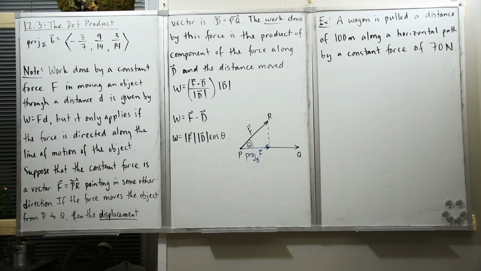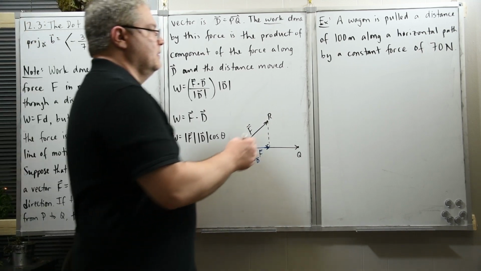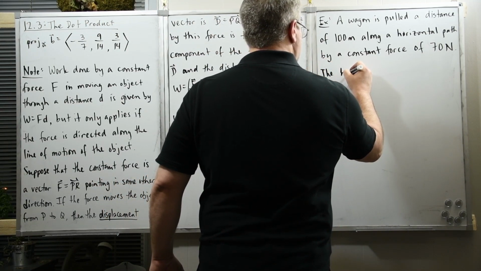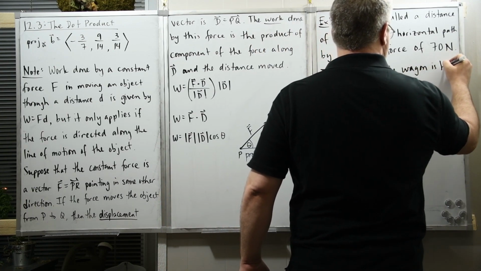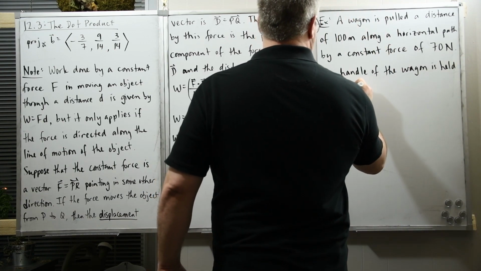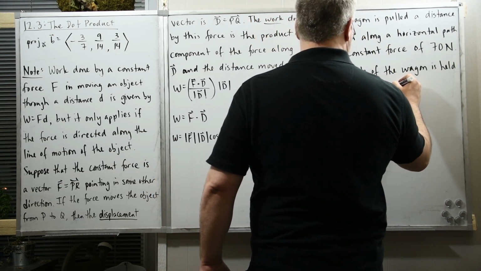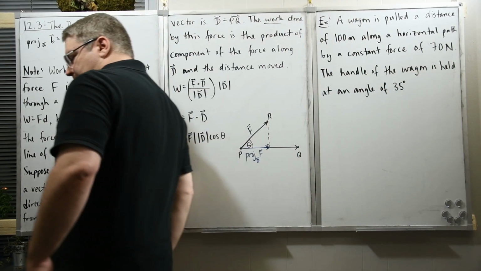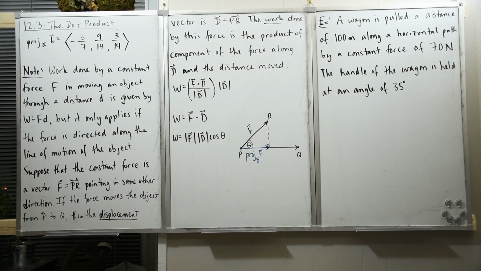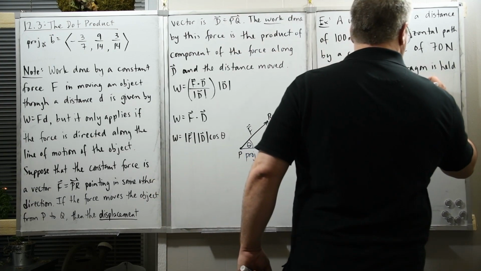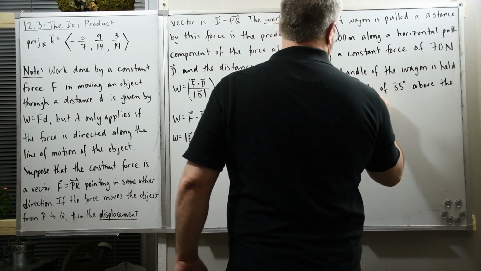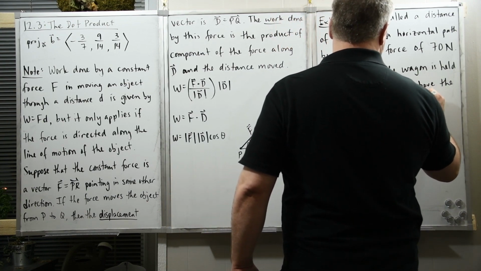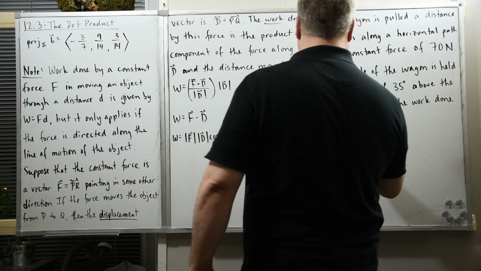Now the handle of the wagon is held at an angle of 35 degrees above the horizontal. So let's find the work done by the force.